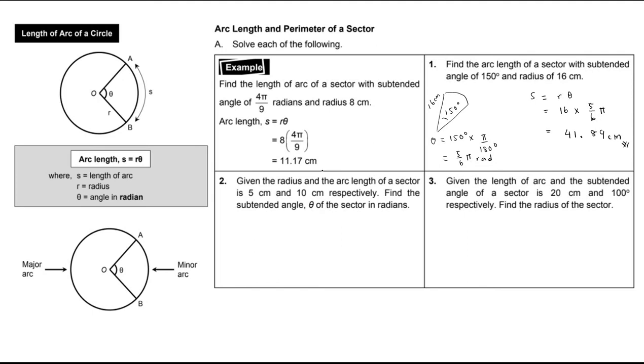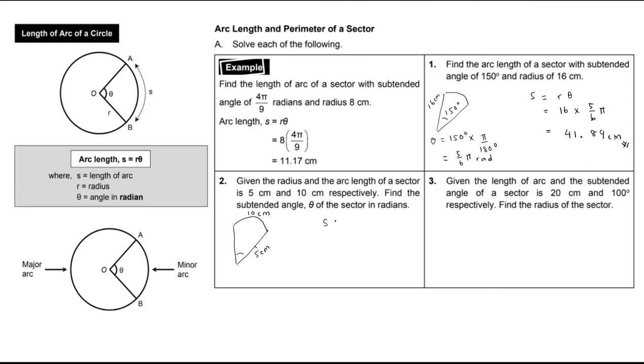Let's try number 2. Given the radius and the arc length of a sector are 5 cm and 10 cm. Again, let's say we have a sector. The radius is 5 cm, and the arc length is 10 cm. Find the subtended angle theta of the sector in radian.